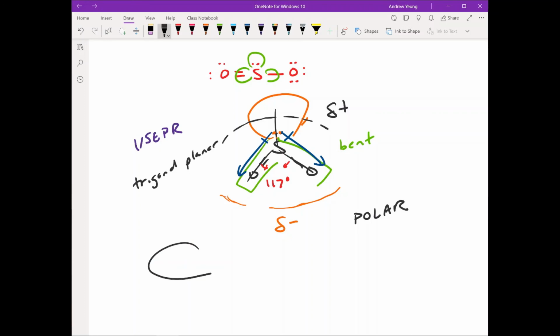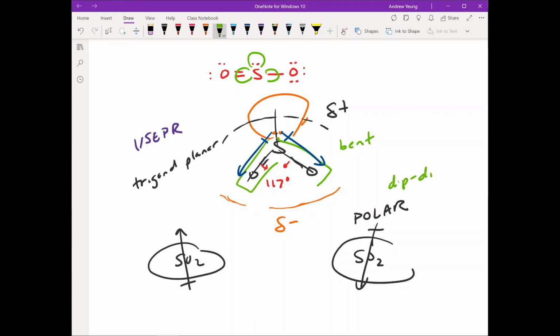If I had a bunch of these SO2s, there's the SO2 with the dipole. Let's say there's another SO2 with its dipole. Remember, these molecules are just randomly floating in space here. There's no rhyme or reason to them. But we can call this special type of intermolecular force a dip-dip or a dipole force.